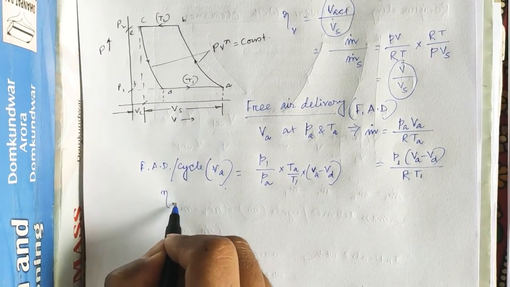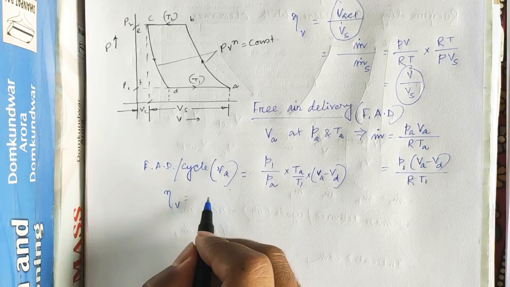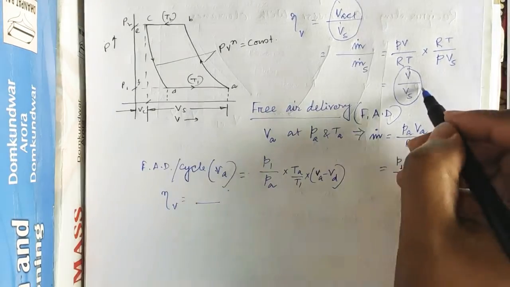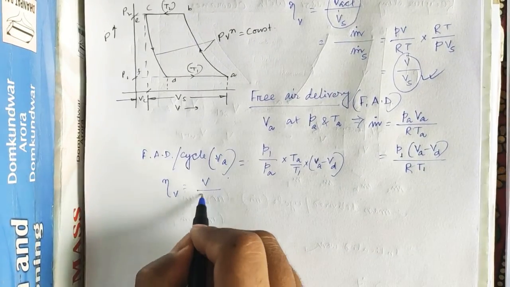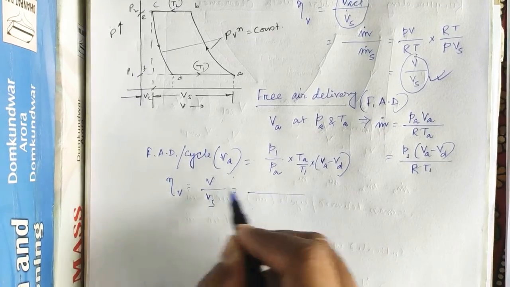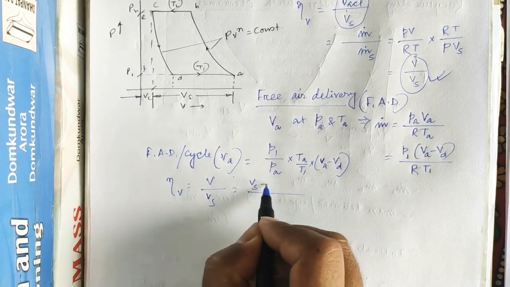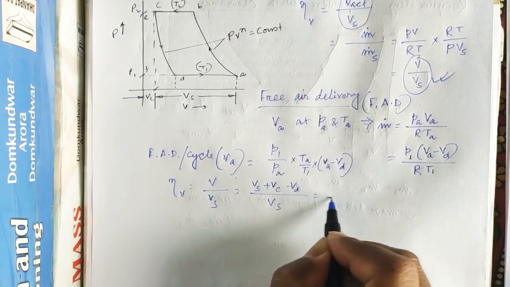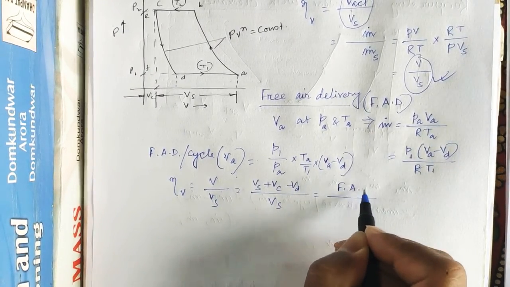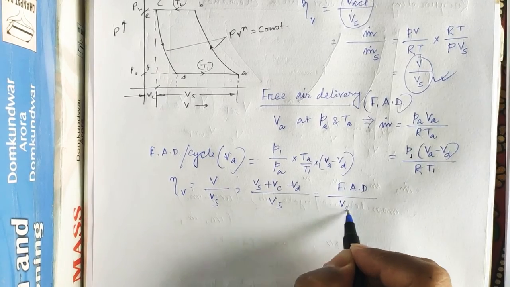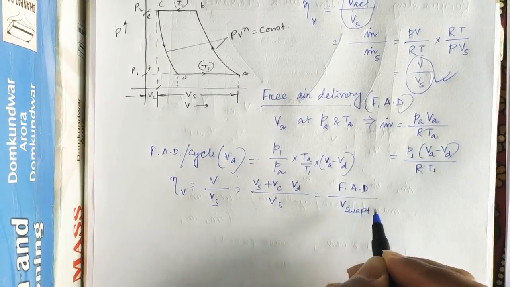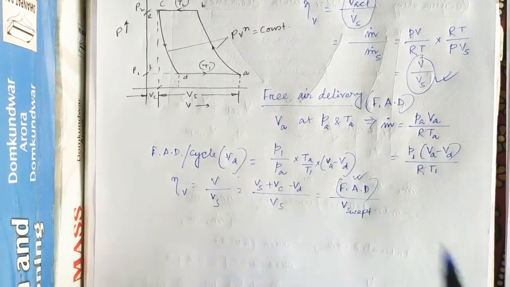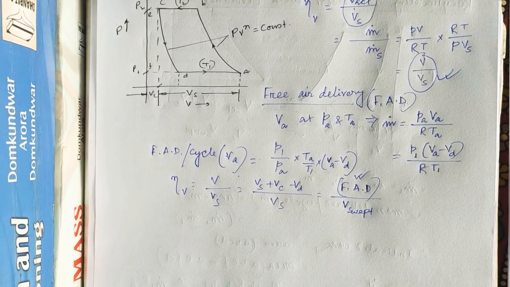So eta V can be written as, from this step, V by Vs equal to the actual volume, that means Vs plus Vc minus Vd divided by Vs, which is equal to FAD by V swept. See, this actual value is nothing but FAD, that is free air delivery.